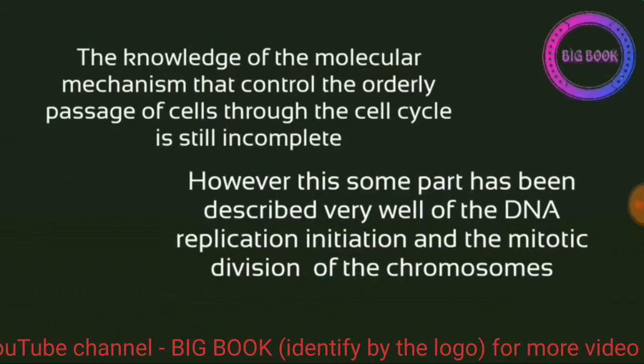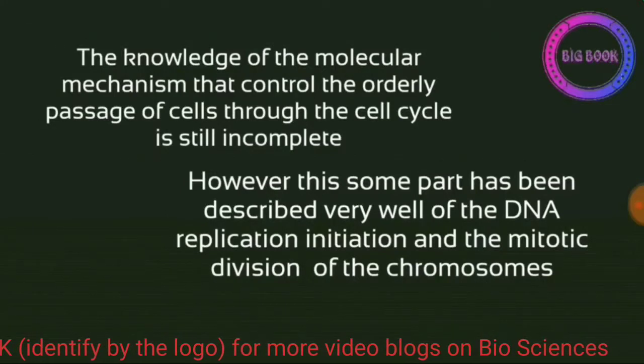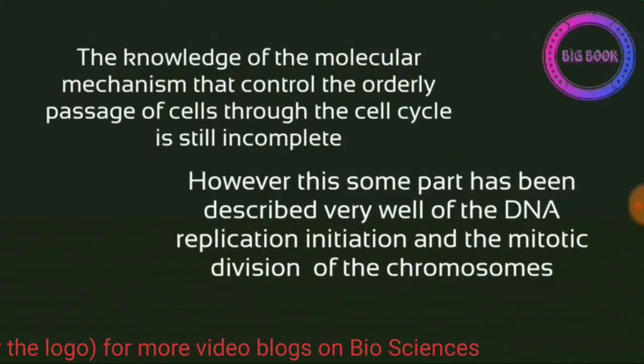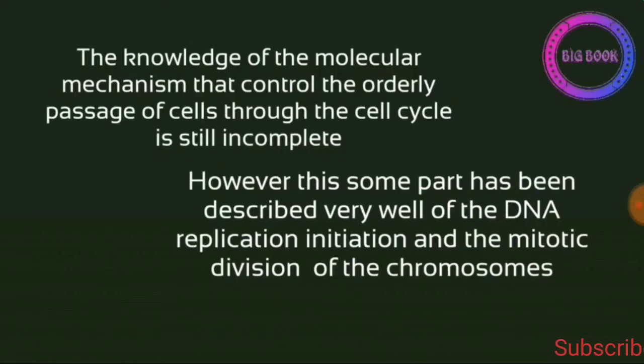However, some parts have been described very well, the initiation of DNA replication and the mitotic division of the chromosomes, that is the condensation of the genetic material in the form of chromosomal bodies and its equational division.